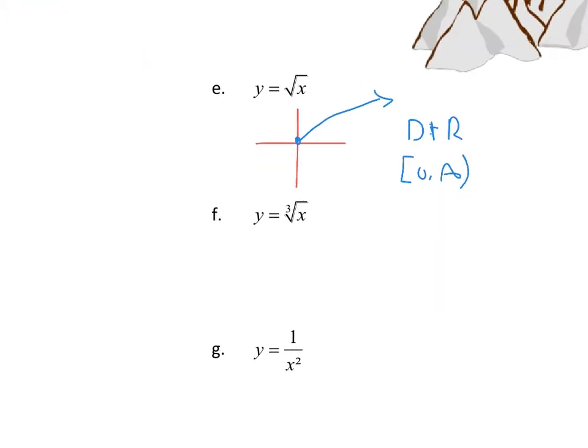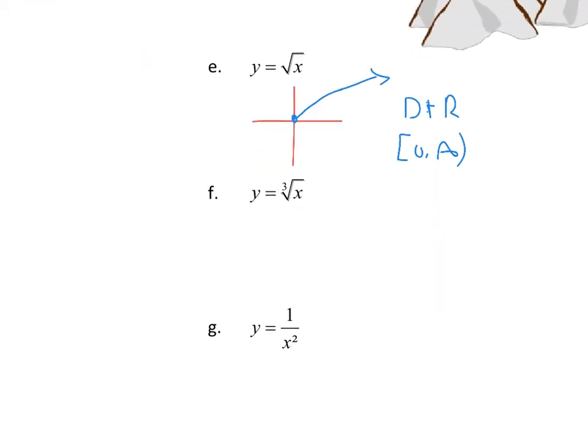Cube root of x is the inverse of x cubed. If you remember, inverses graphically are reflections over the line y equals x. That might be meaningless to you, but that's just a quick reminder, so if you hear that again. Domain and range, both negative infinity to infinity again.